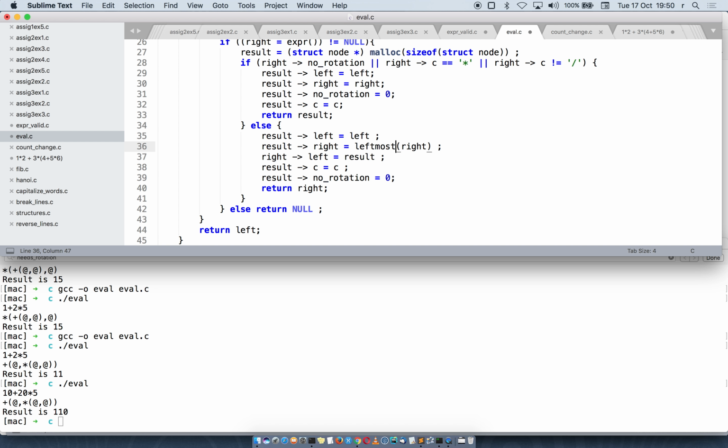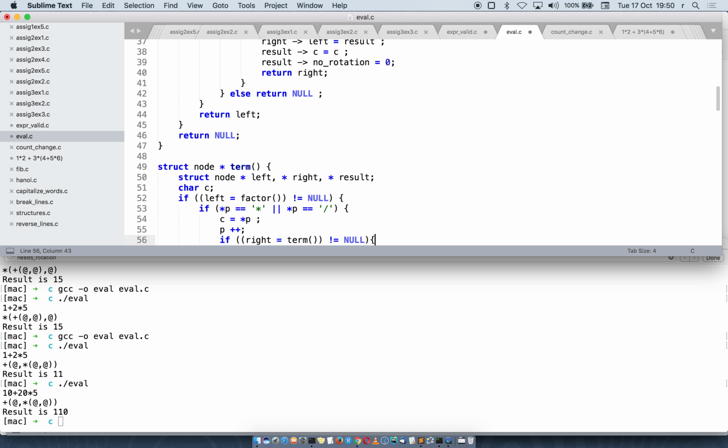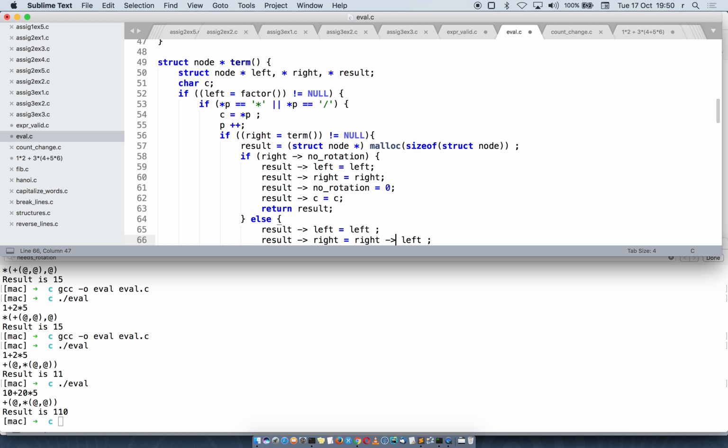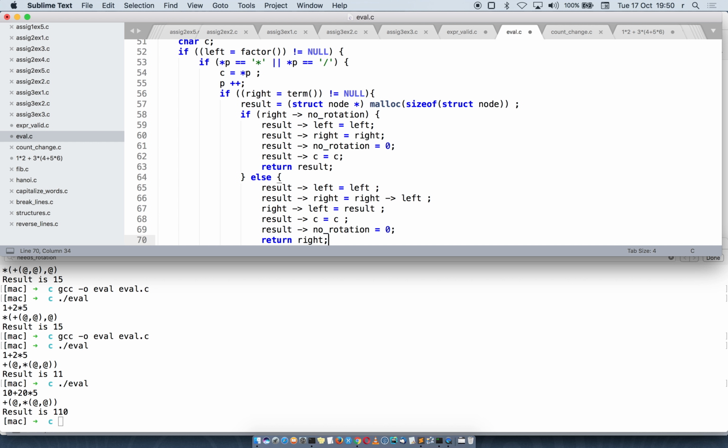Right dot left is result. Result dot C is C. Result is no location. And we should do the same thing here. Result dot right is the leftmost of right.